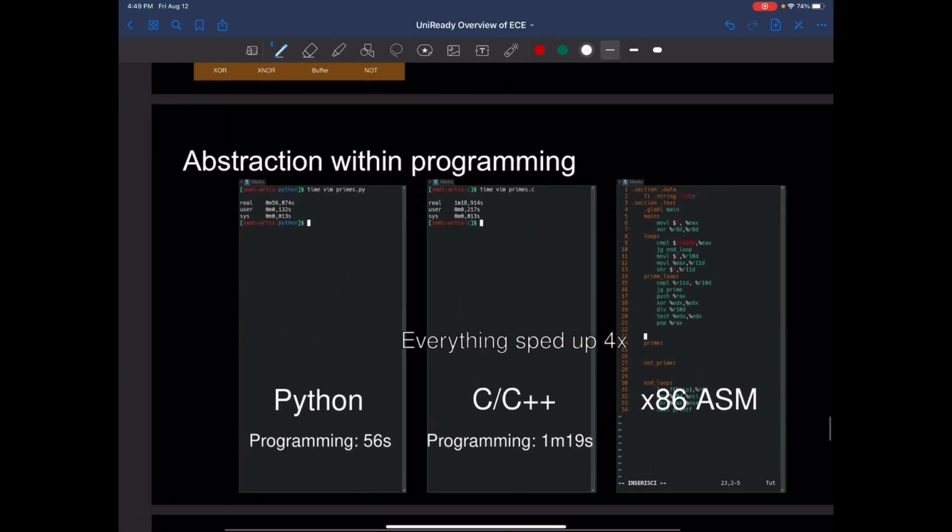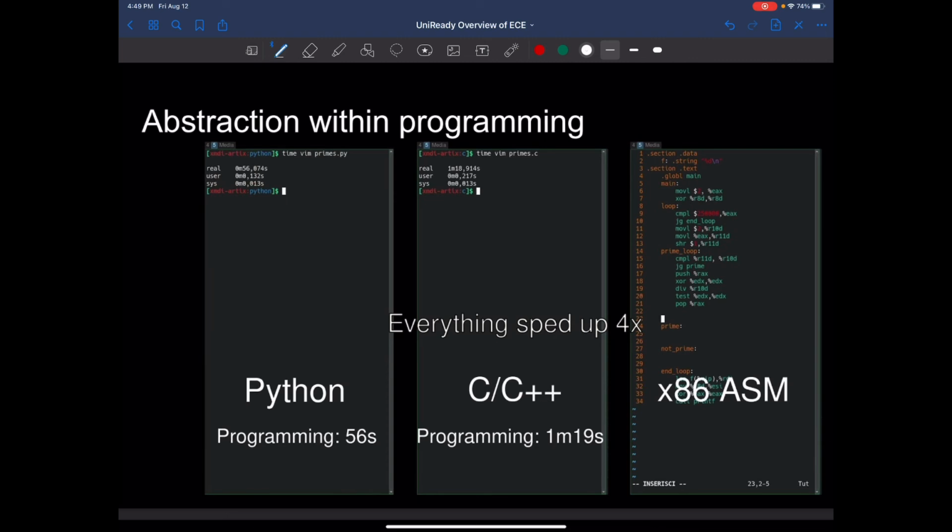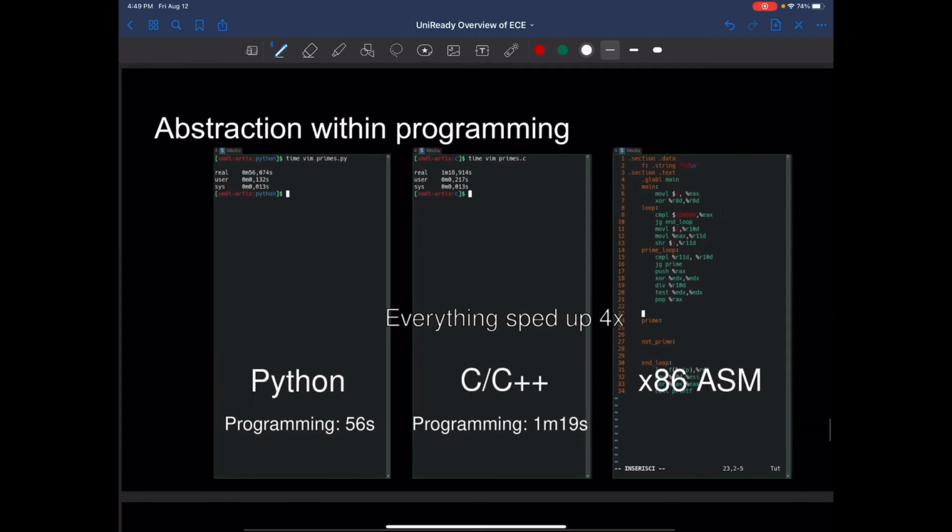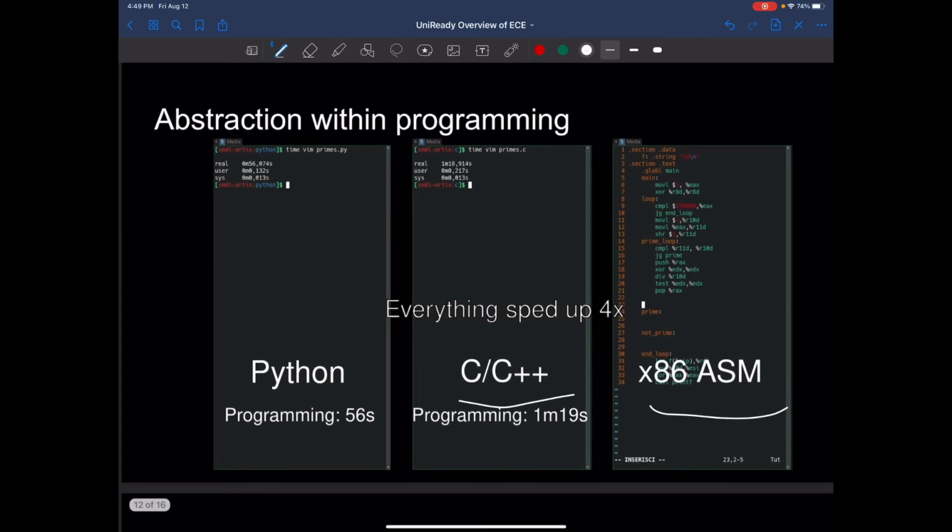And there's abstraction within programming languages themselves, because as you might know, the Python interpreter is written using C, or it might be C++. I think it's actually C++, and C++ is written using more lower level languages like assembly. And assembly itself was written using machine language, right?